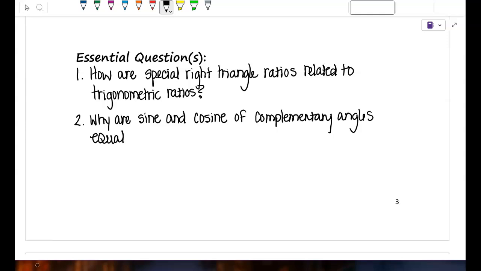What does complementary mean? We defined that term last unit. What does it mean if angles are complementary? They add up to 90 degrees.